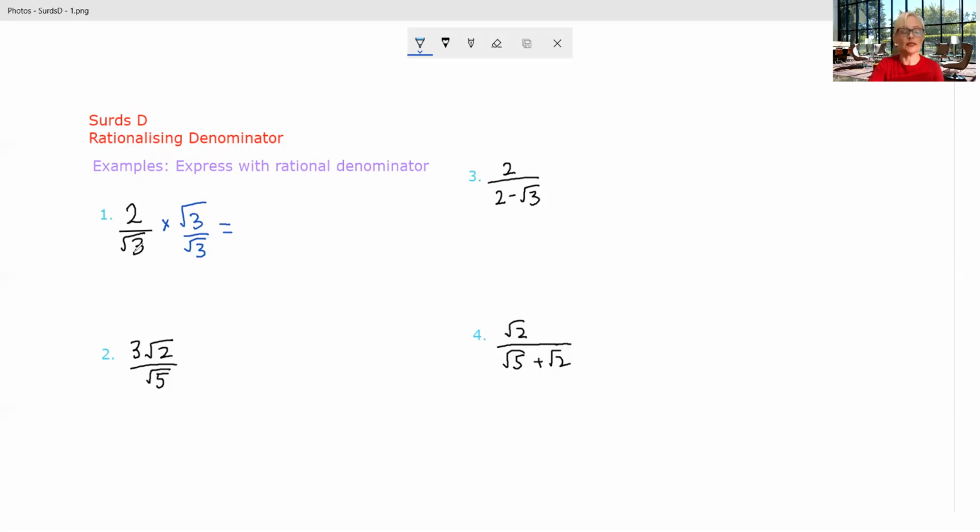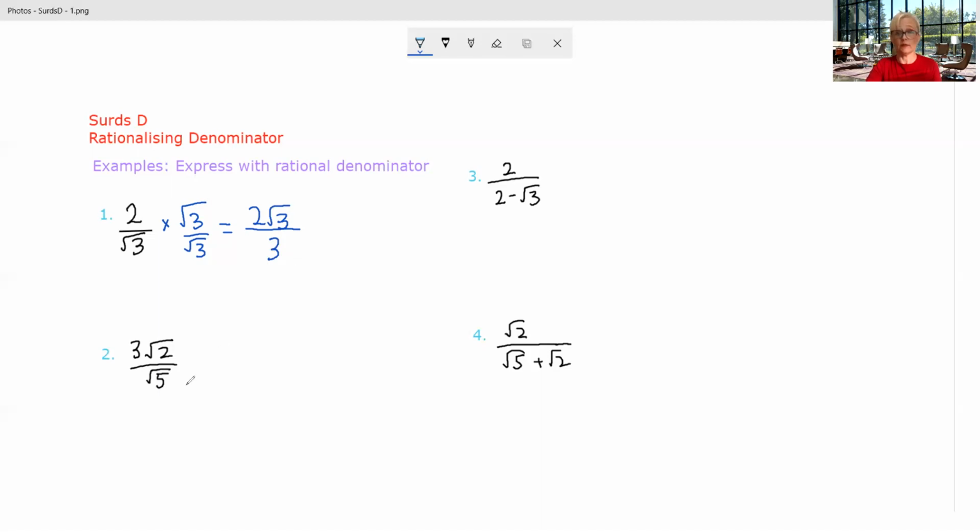I've chosen that because root 3 by root 3 will give me 3. Okay, I've rigged it that way. So no longer do I have an irrational denominator. Our numerator will be 2 root 3, which will be irrational. That's okay. We can't completely rid ourselves of the fact that we've got an irrational number, but we just prefer it without an irrational denominator.